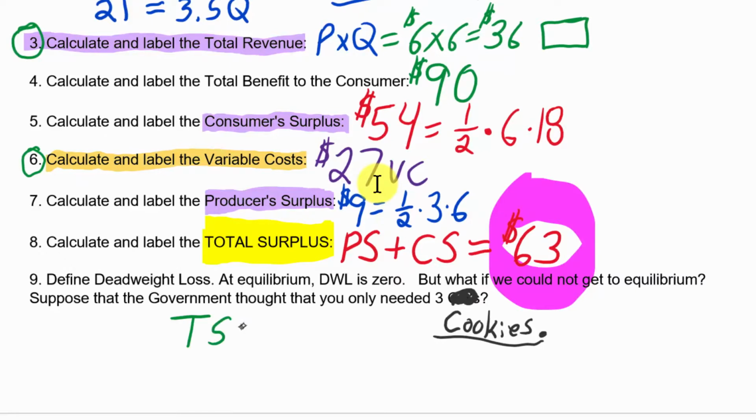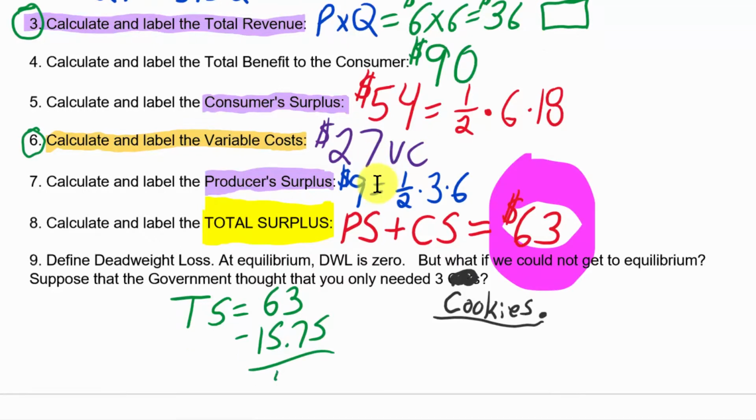So the total surplus would be 63 minus 15.75, or $47.25. And what deadweight loss really means is how much total surplus we are losing as a society because something inefficient is going on. In this case, we're not allowed to make those voluntary trades.